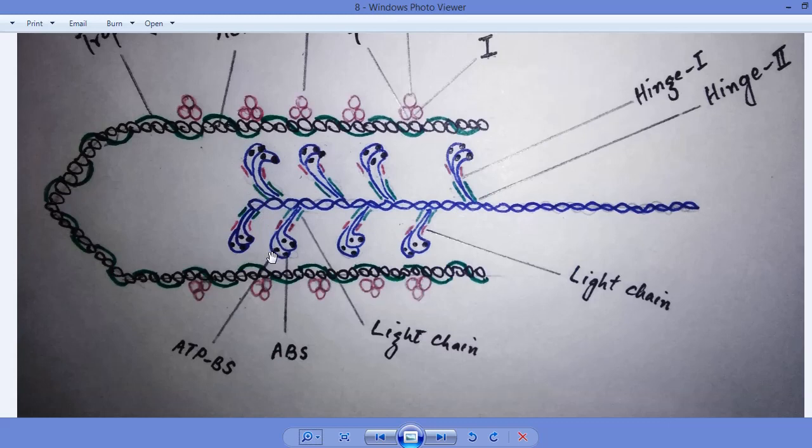The ATP binding site contains the ATPase enzyme, while the actin binding site of the myosin is responsible for combining with the F-actin filament of the actin.